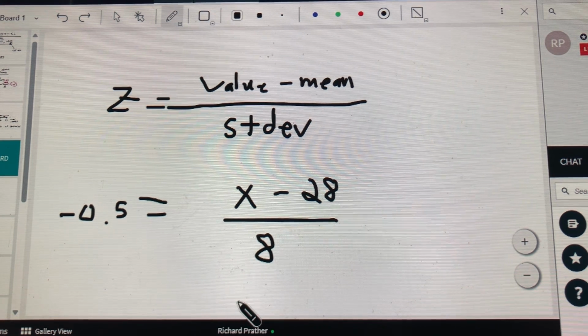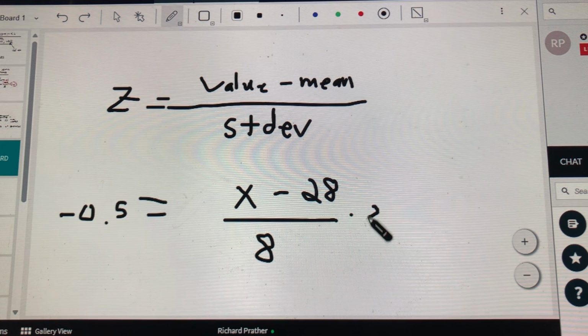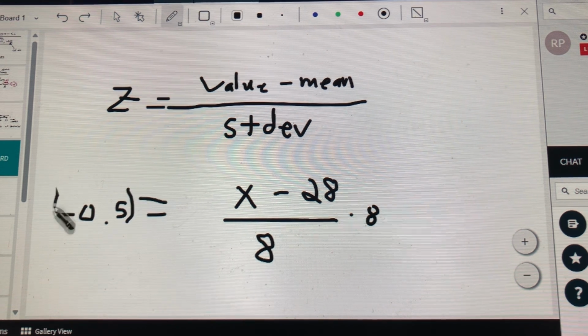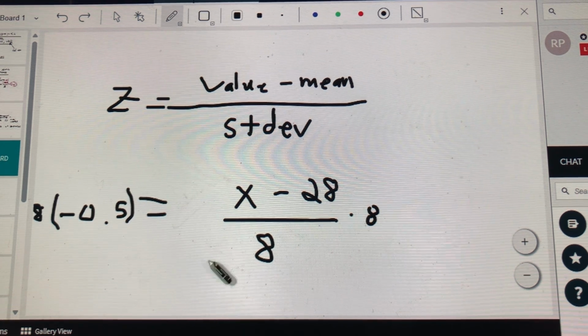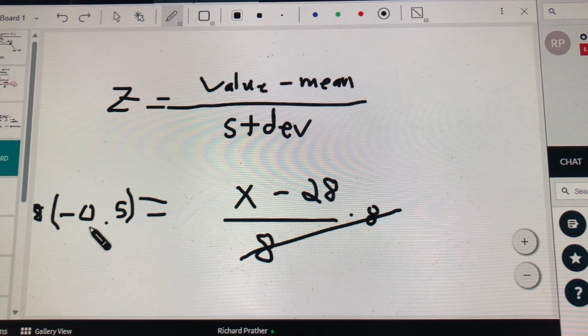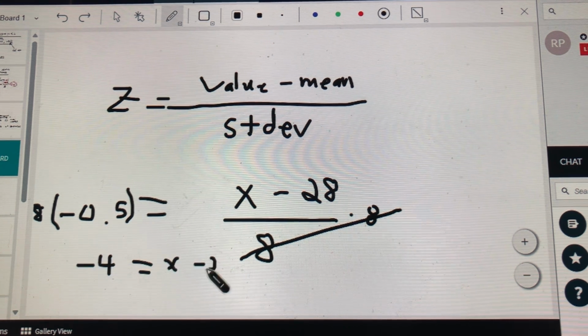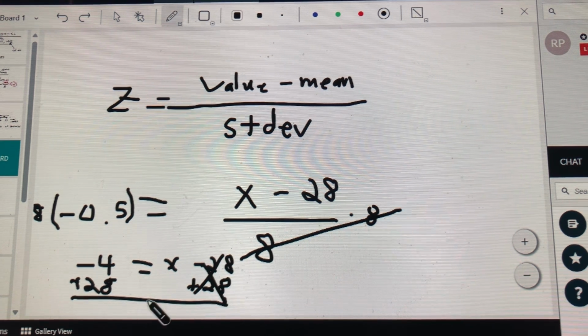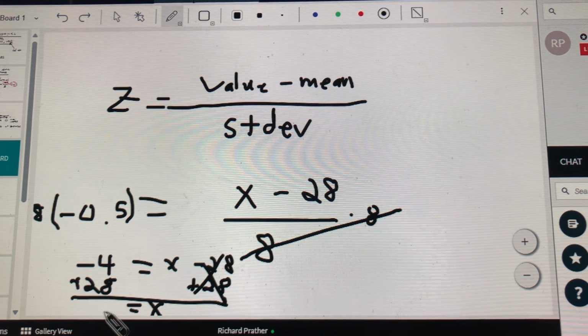And then it just takes some algebra to solve for this. So you can multiply both sides by 8. 8 times -0.5 is -4. And then add 28. And the raw score would be -4 plus 28, which is 24.